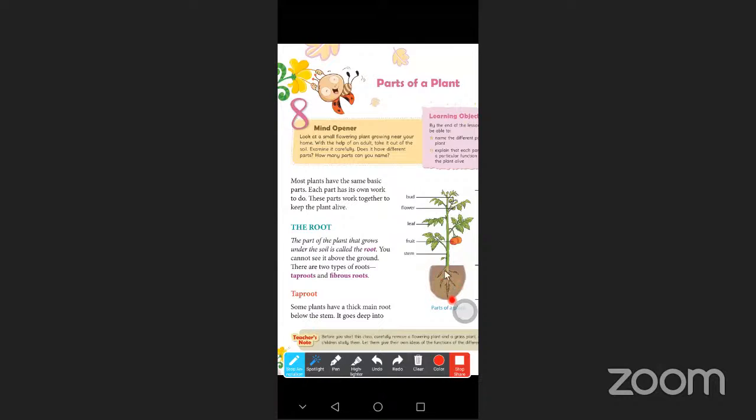Just like your hands help you in writing and to catch things, the roots have some function, the stem has one function, and the leaves have some function.